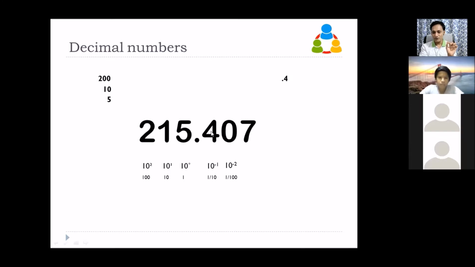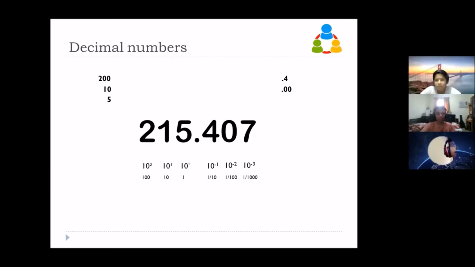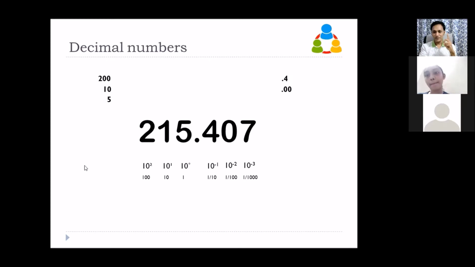If this is 0.4, if this is 5, if this is 10, this is 200, what is this value? 0.00. And what is this value? 0.007. That is James Bond, right? 007.